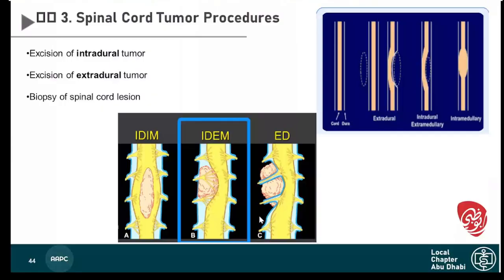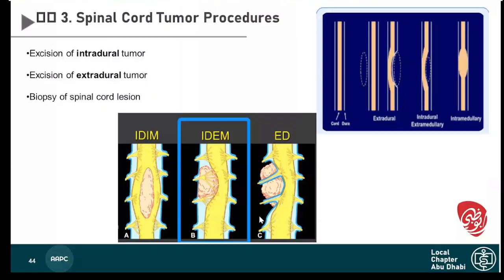These include excision of intradural tumor, excision of extradural tumor, and biopsy of spinal cord lesion. What is an intradural tumor, and what is the difference between an extradural tumor and an intradural tumor?